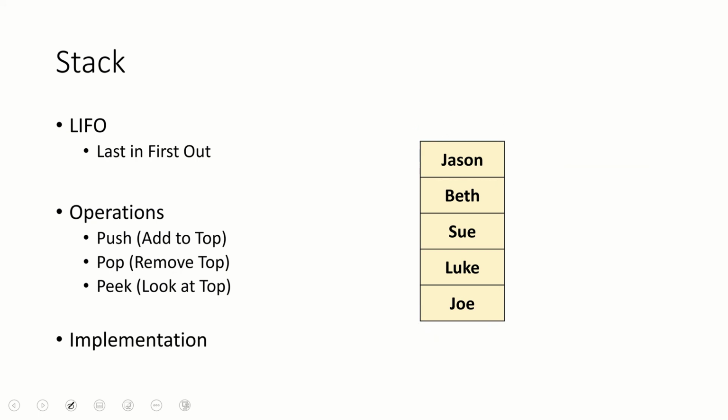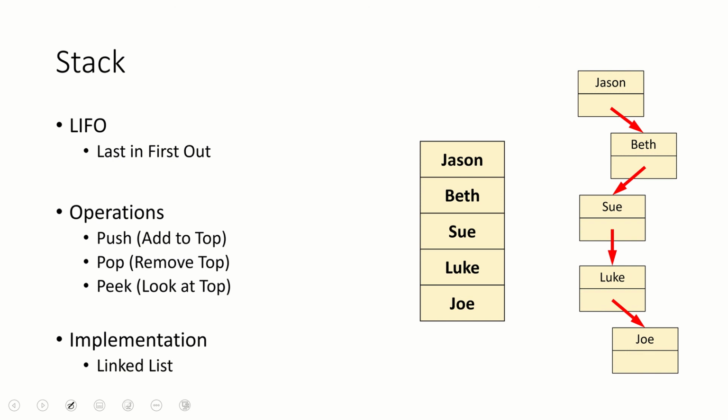If we want to implement this stack, how do we implement it? This gave me some idea about linked list. Can we use the linked list to simulate push, pop, and peek? The answer is yes.